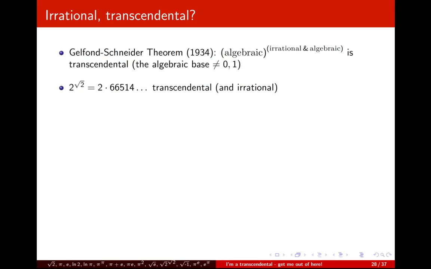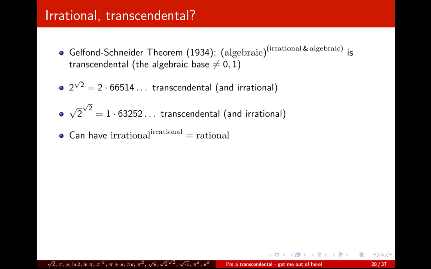So for example, 2 raised to the square root of 2. 2 is algebraic, the square root of 2 is irrational and algebraic, so this number is definitely transcendental and hence also irrational. The square root of 2 raised to the square root of 2 is also transcendental and hence irrational for the same reason.